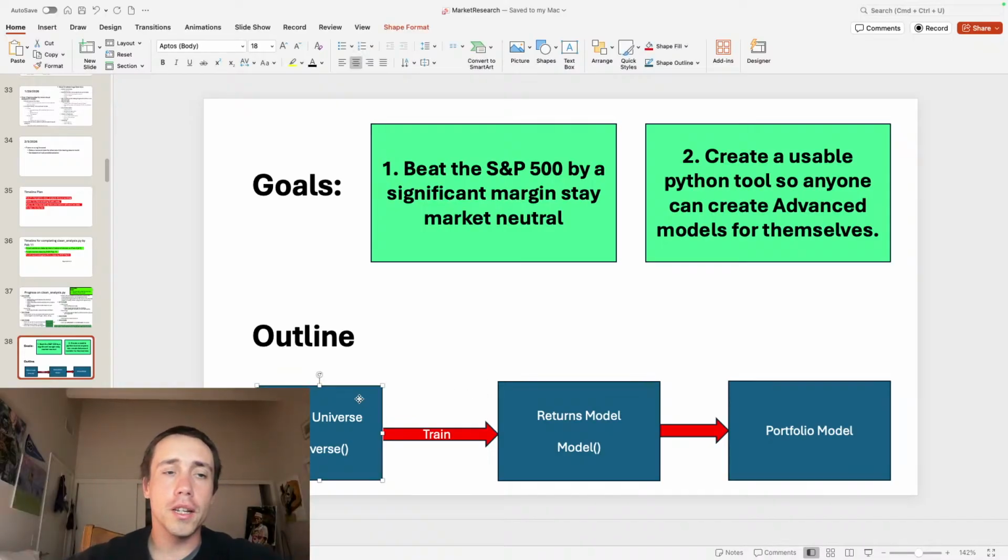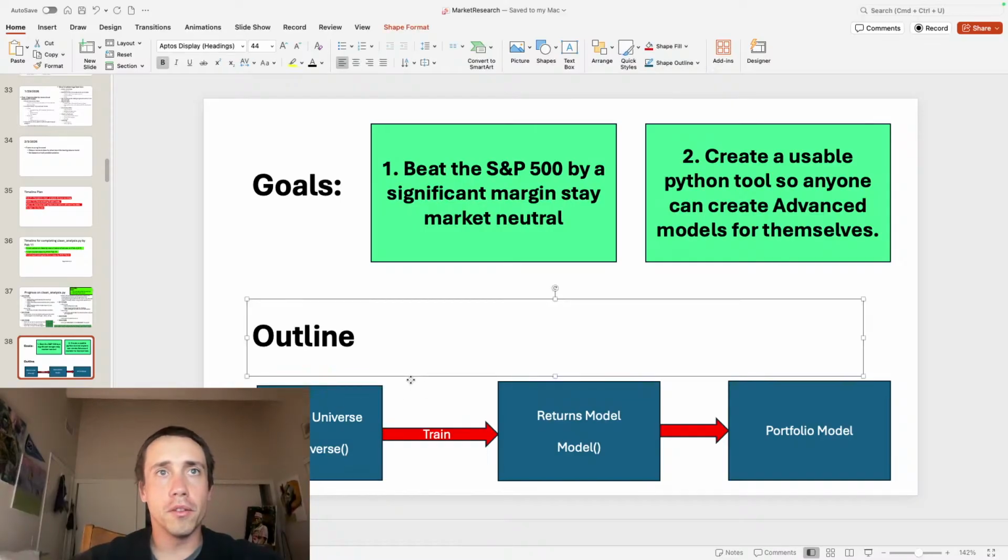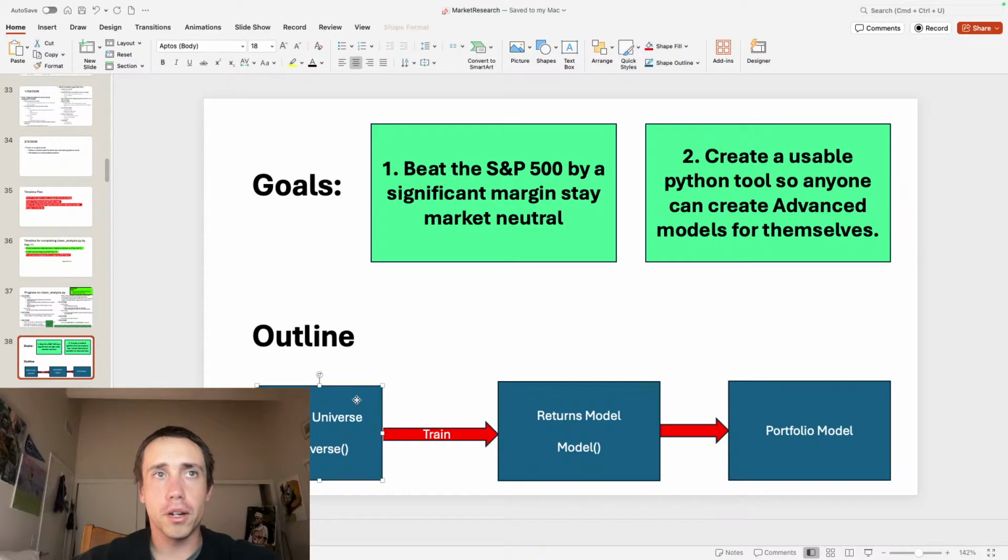So you want to isolate stocks that are good for a universe. I've gone through several iterations of that, but I have a really good universe now. It only contains common stocks, real estate investment trusts, and ADRs. And it's filtering out everything except for the top by volume, filtering out things that have dropped over 50% in the last year.